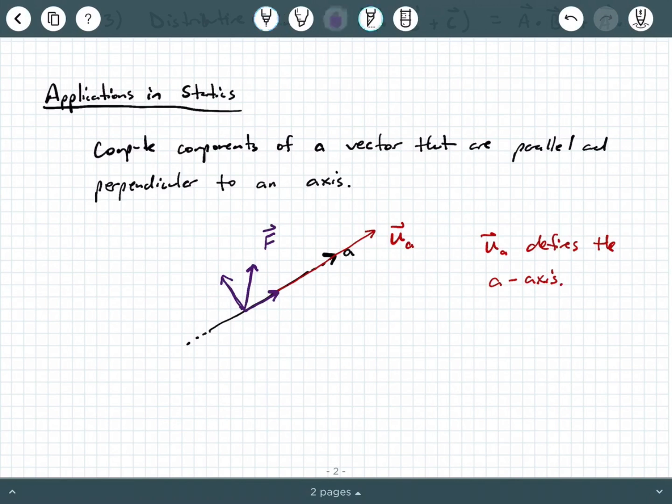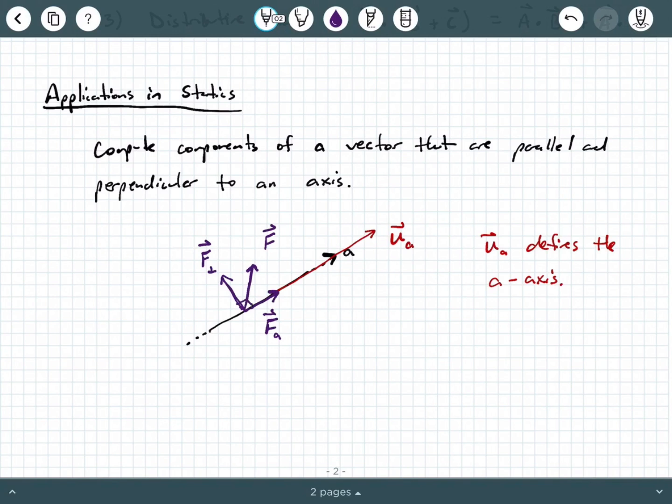So I would call this component that's parallel to this A axis, how about vector F sub A, just because it's sub A because it's along the A axis that I just talked about. And then I'm going to call the perpendicular component vector F, and then I'll put a little perpendicular symbol right there, okay? And again, this forms a right angle right there, hence perpendicular, okay?